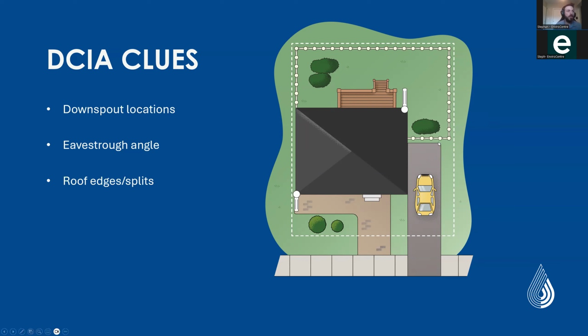Number one would just be driveway. That's DCIA 1. If we're looking at this section here with the bricks, if that was just a brick pathway that was not installed as a permeable option, then that would be a DCIA as well.